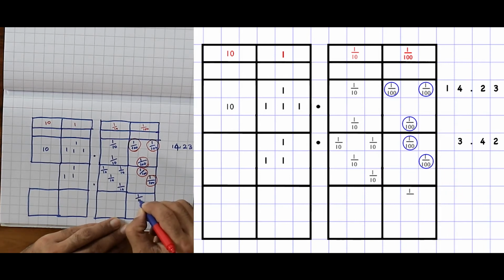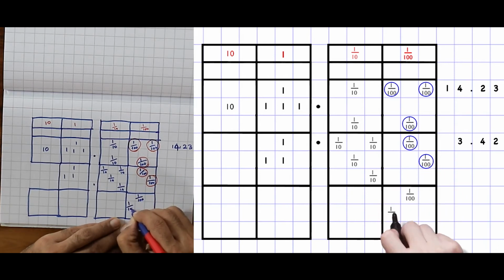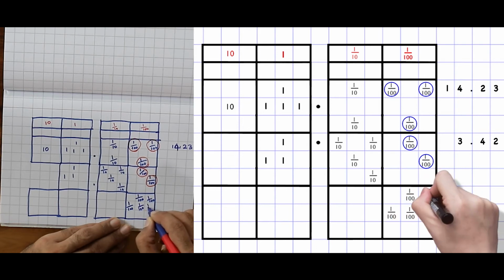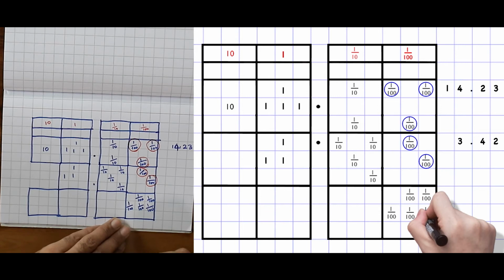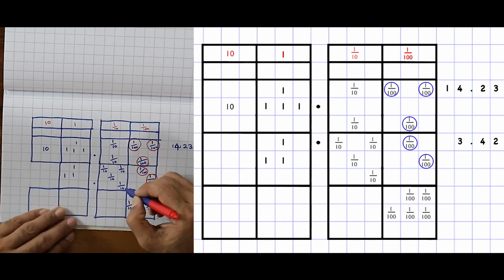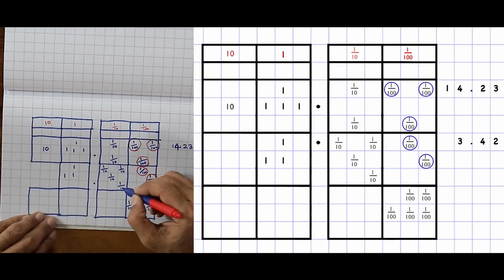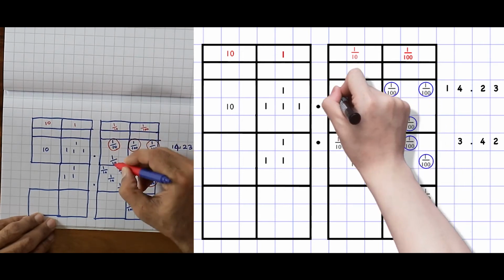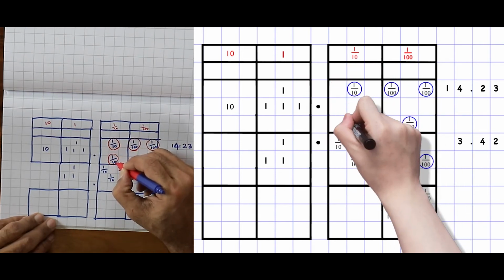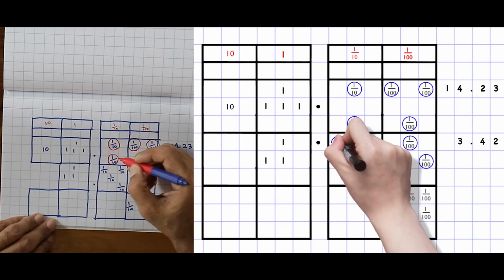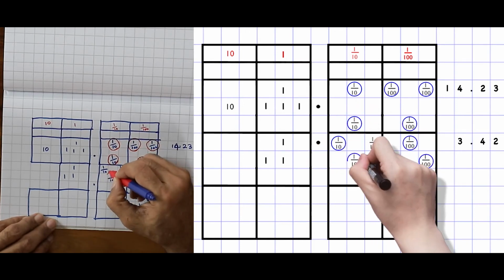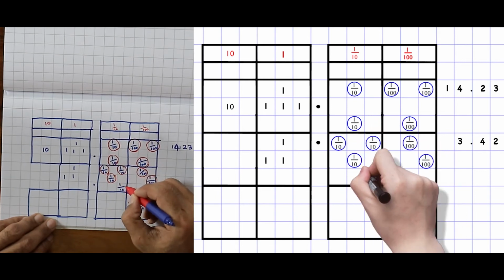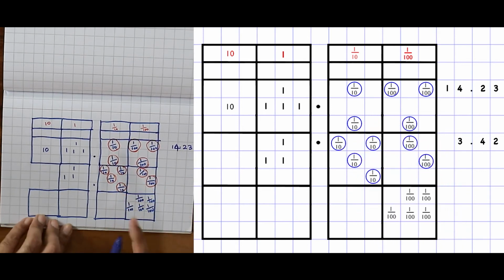Let us write it here. 1, 2, 3, 4, 5, 1/100ths. Now, how many 1/10ths are there? We make a marking and count. 1, 2, 3, 4, 5, 6 1/10ths.